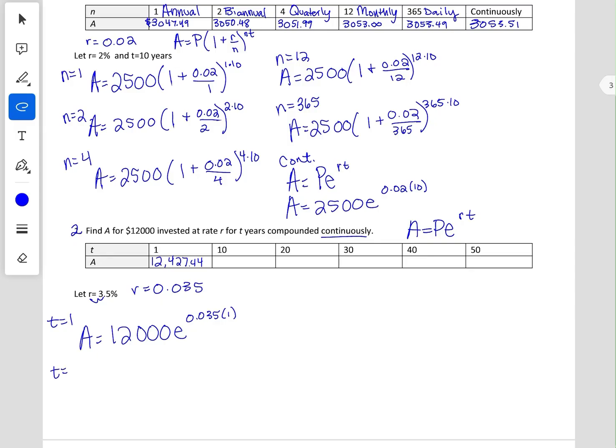Okay, let's see, when T equals 10 years, 12,000 times E to 0.035 times 10. So go ahead and do these. I'm going to go ahead and write that down.